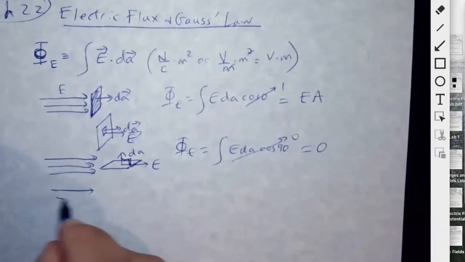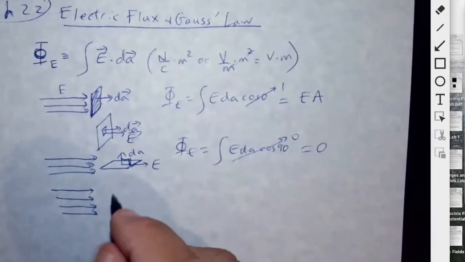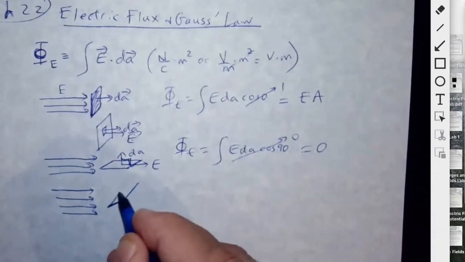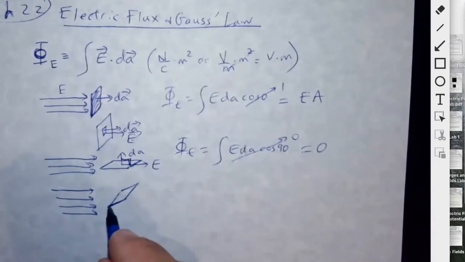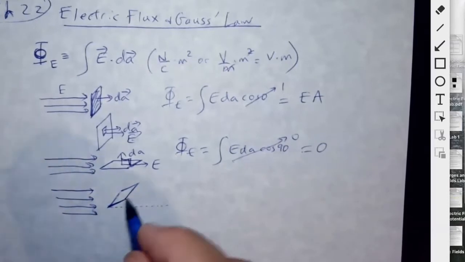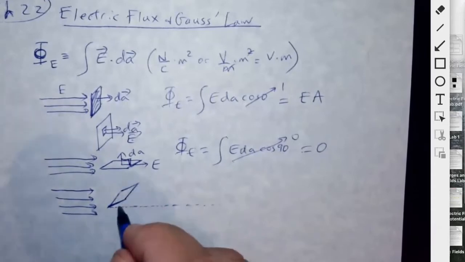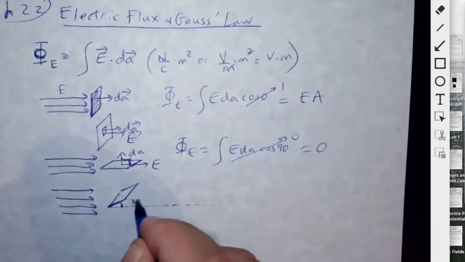So now we could also orient the area something like this. Imagine this was 30 degrees.